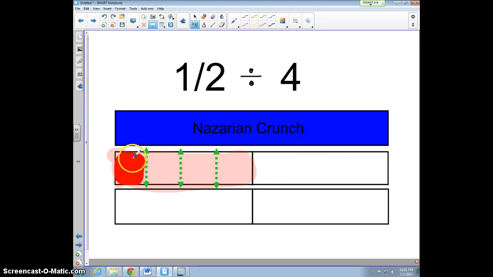So in order to show what this fraction is in relation to the entire candy bar, we are going to have to break all of it up into equal size pieces. So we've got these size pieces here. This half is divided into 4 equal pieces. And then this half also has to be divided into 4 equal pieces.